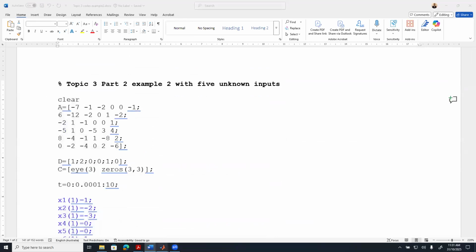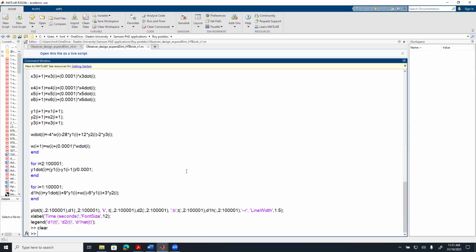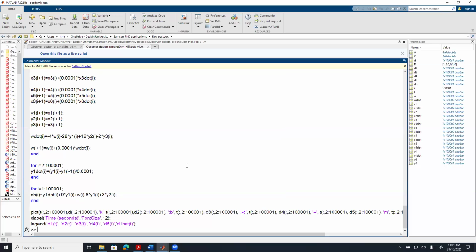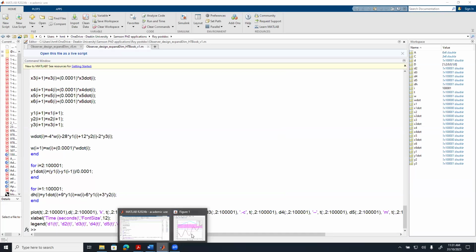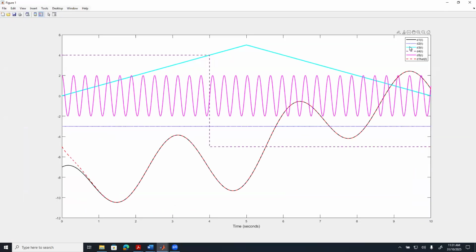Now let's clear this. It can actually be insensitive to 4 other unknown inputs. Have a look at that. It's just arbitrarily generated unknown input. Like this one is just a square waveform. This is just like a step.